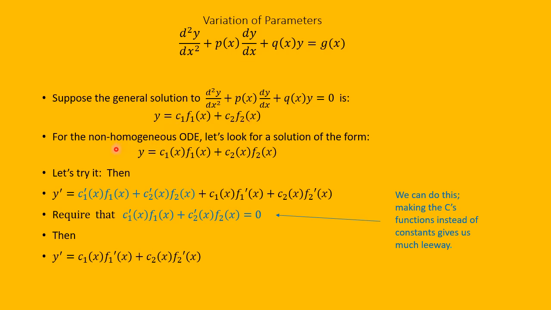Then, for the non-homogeneous ordinary differential equation, let's look for a solution of the form c1 of x f1 of x plus c2 of x f2 of x. In other words, replace these arbitrary constants up here with functions of x. That gives us much more latitude.